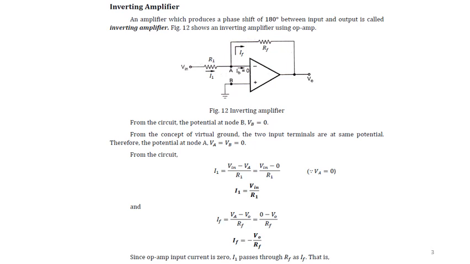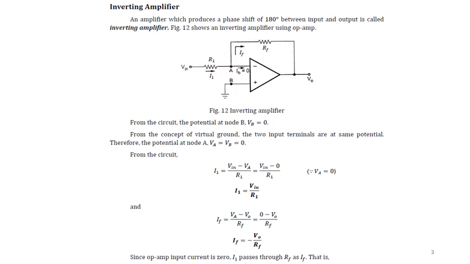Now from the circuit, here I consider the current through resistance R1 as I1, and the current through resistance RF as IF. So one is the input current, and the other we call the feedback current.